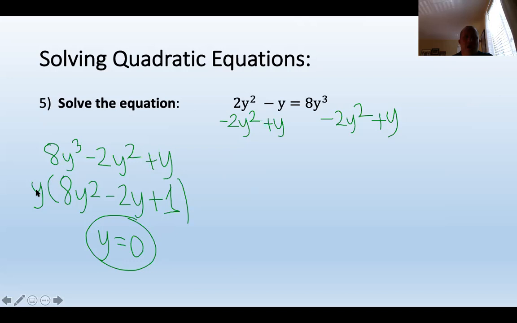Because we have a y, we have y equals 0. Now you could try to set this polynomial inside the parentheses equal to 0 and use the quadratic formula or completing the square, but that's not something you would have learned yet. So our only solution in this particular problem is going to be y equals 0.